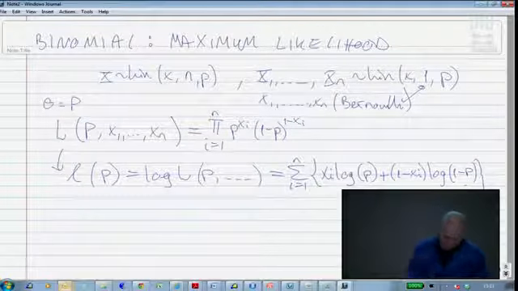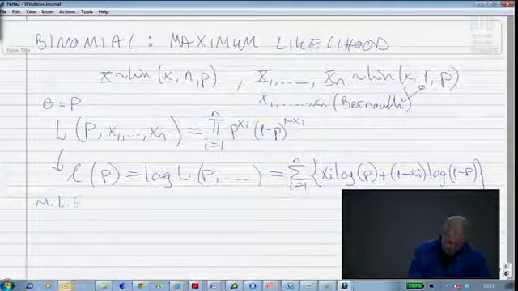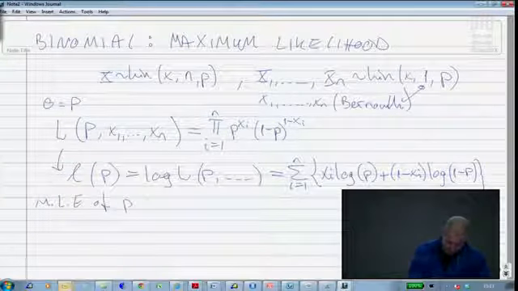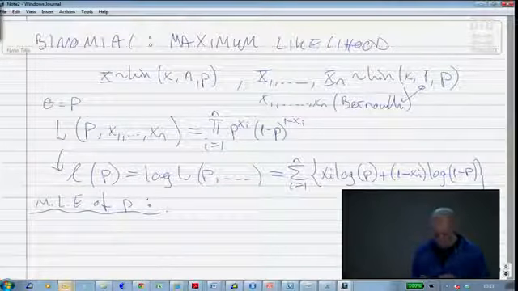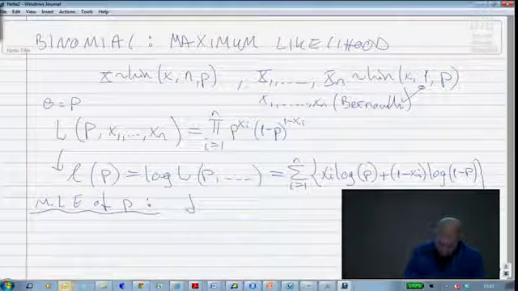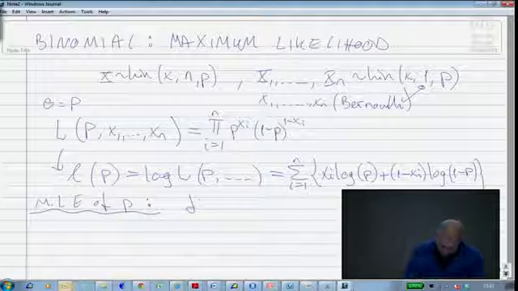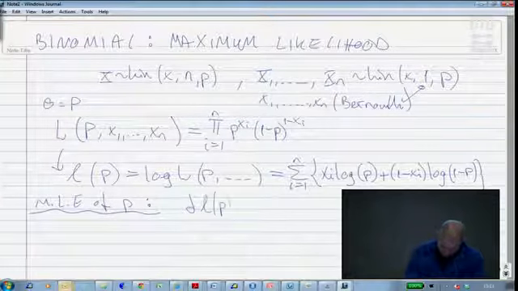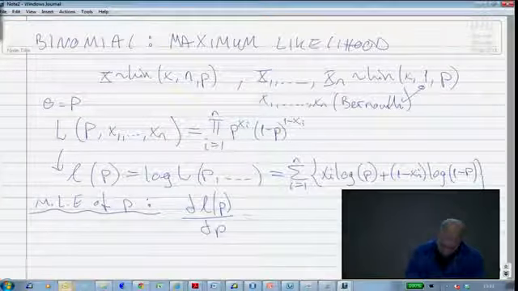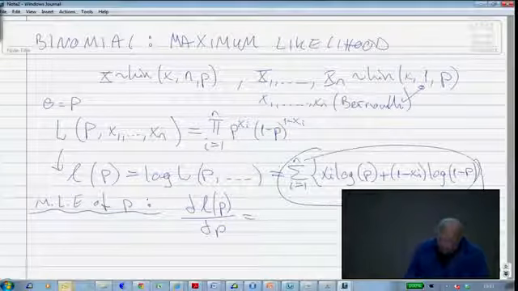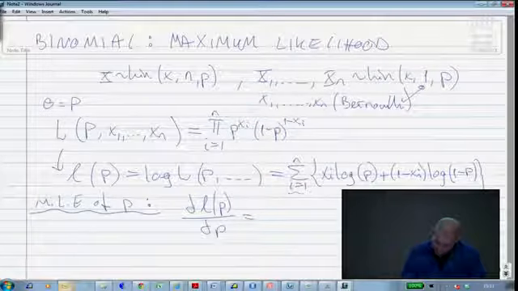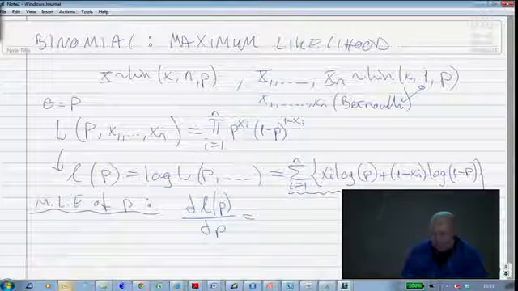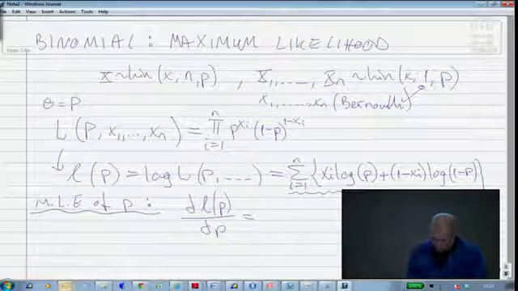Now, if I am going to find the maximum likelihood estimator of p, I should maximize this function with respect to p. How do I maximize a function? I find the derivative. I find the derivative with respect to p. I look at the log likelihood function, and then I start finding the derivative. I take the sum inside also now.